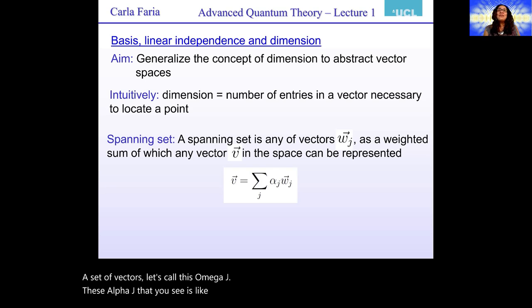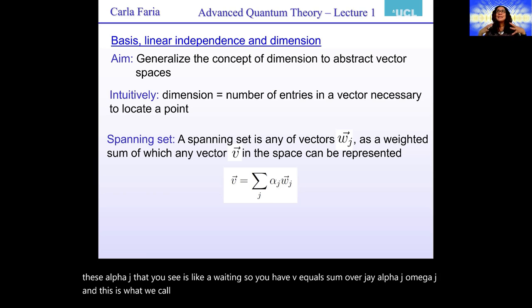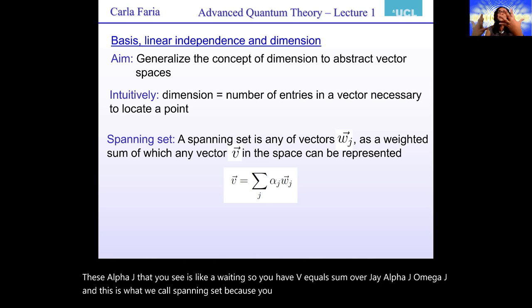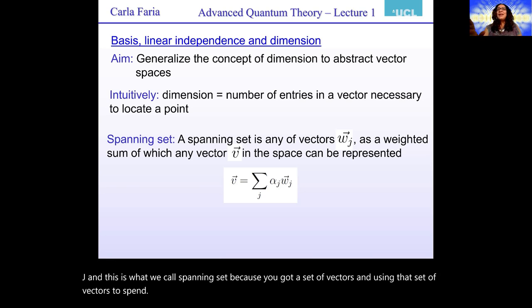So you have V equals the sum over j of alpha j omega j. And this is what we call a spanning set, because you've got a set of vectors and you're using that set of vectors to span the space.